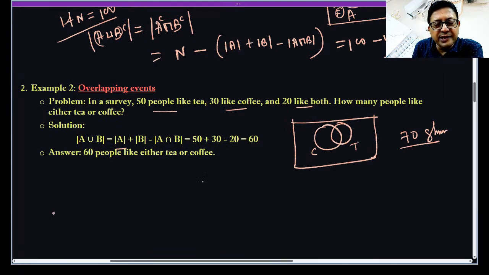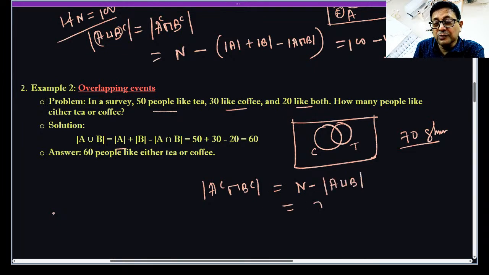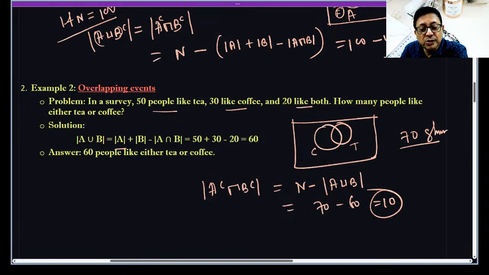In this case, again, I am just making you habituated with these symbols. This is nothing but n minus this thing which you have found, 70 minus 60, that is 10 students who don't take coffee or tea.